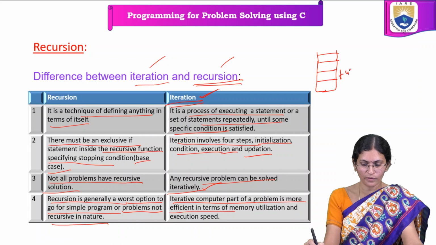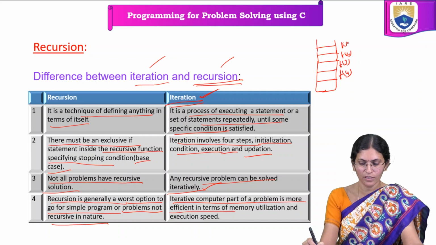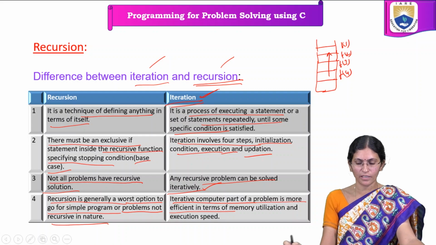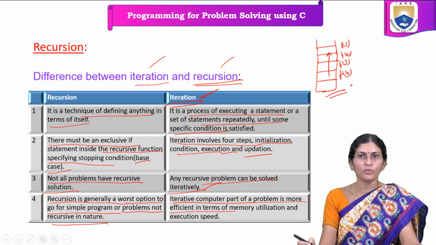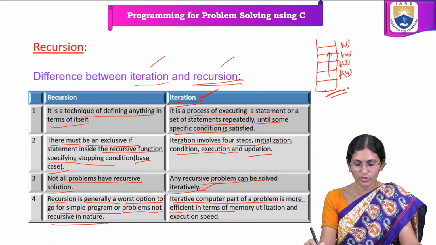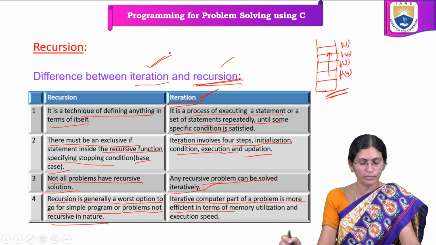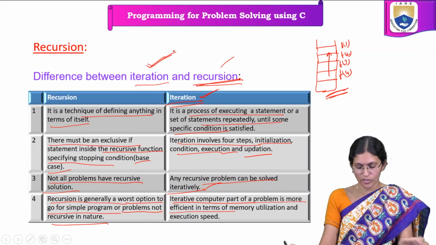Suppose we want to evaluate f of 4: f of 4, f of 3, f of 2, then f of 1. In this way the number of activation records in the stack goes on increasing. If there is a constraint on memory usage, then you can go for iteration.